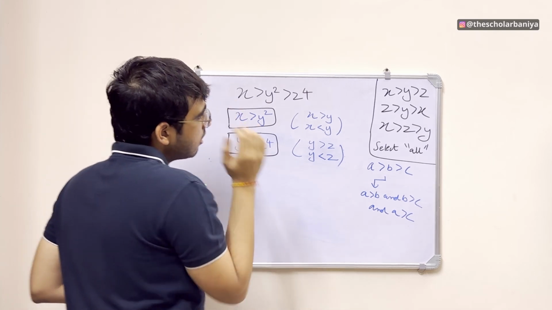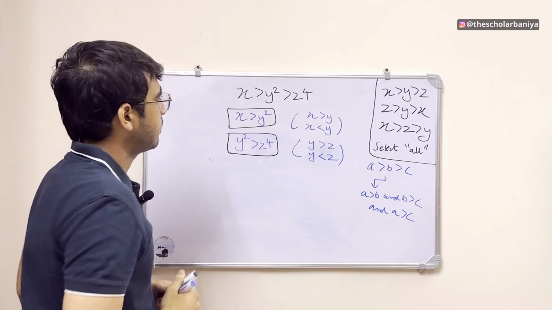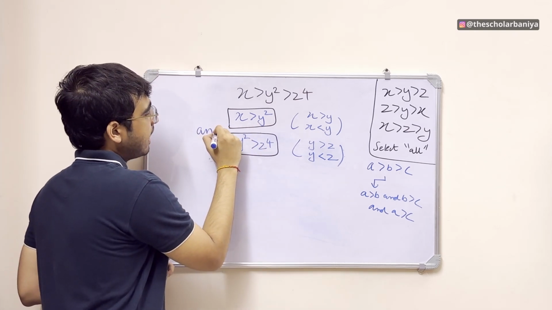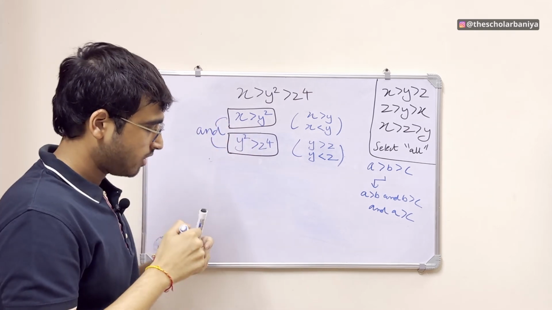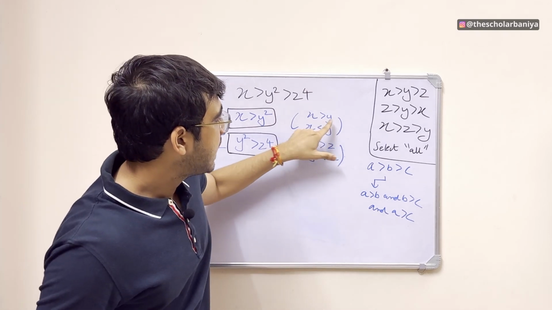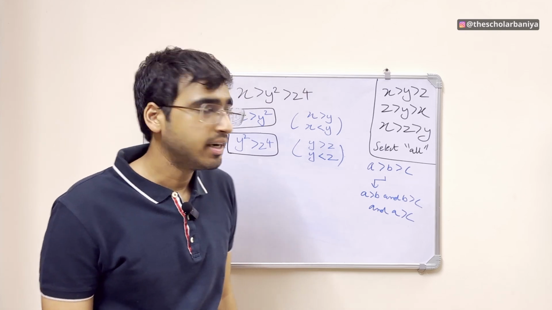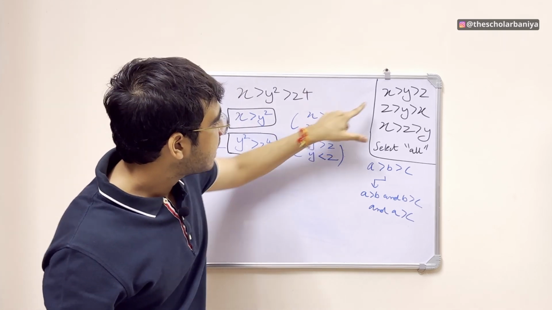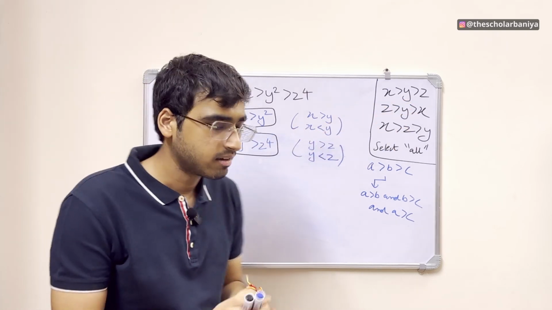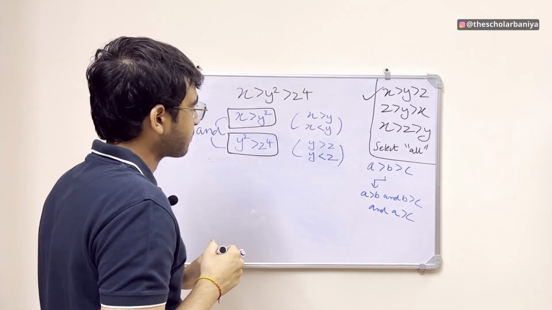Now, for example, we are given that this is there and this is there. So this and this, right? So that means this and this. So if x is greater than y, right, and y is greater than z is also a possibility, then obviously x greater than y greater than z is absolutely fine. So this is completely true, right?